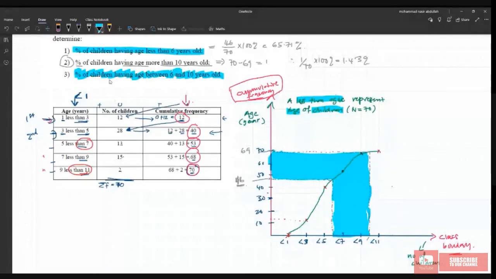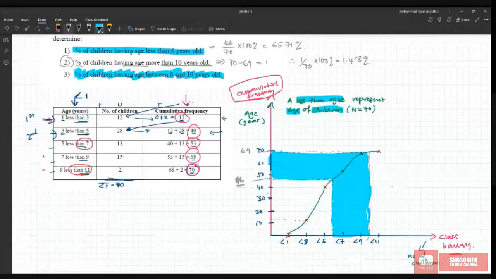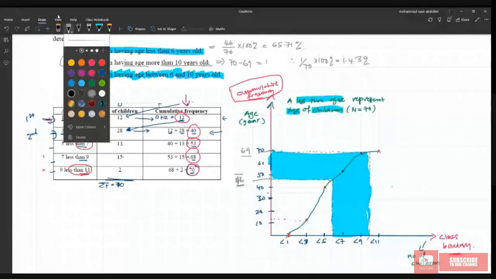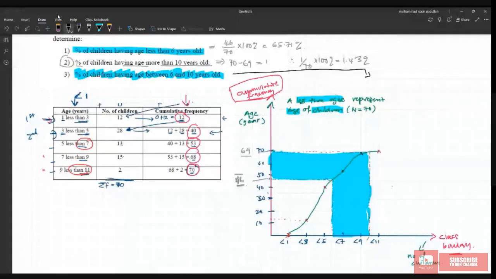So the number of children between 6 and 10 years old is 69 minus 46, which is equal to 23.